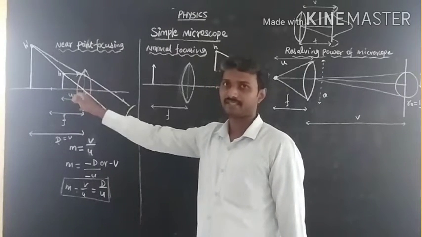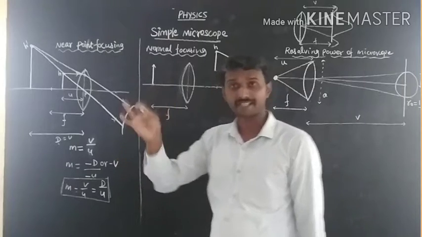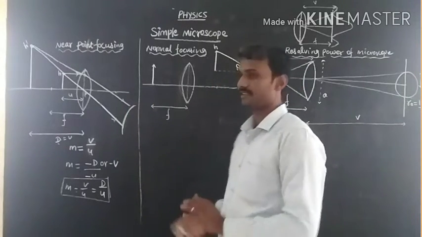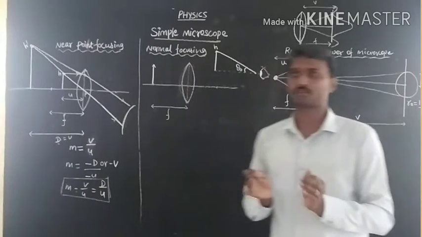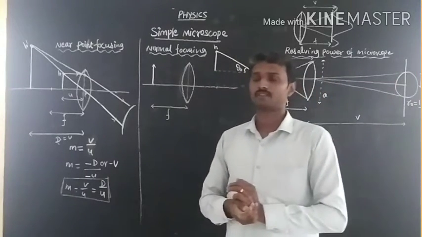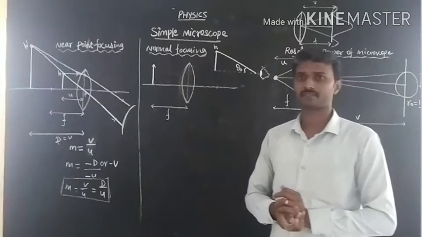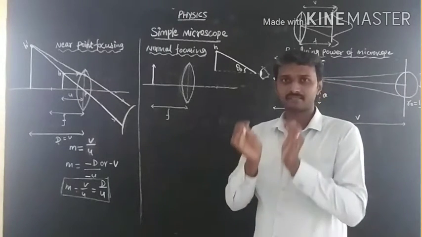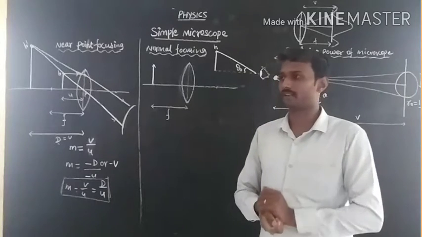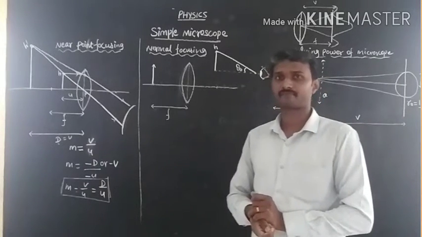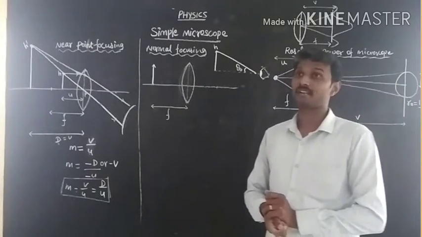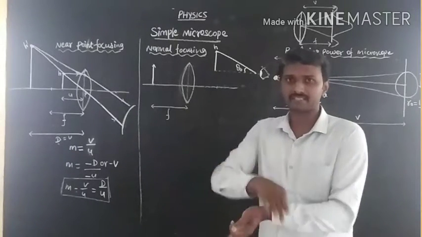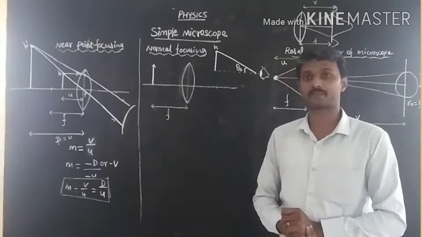We get an erect, magnified image, because in order to see the smallest object, to magnify it, we must obtain an image that is erect and magnified. Suppose the image appears inverted, then we cannot analyze it.